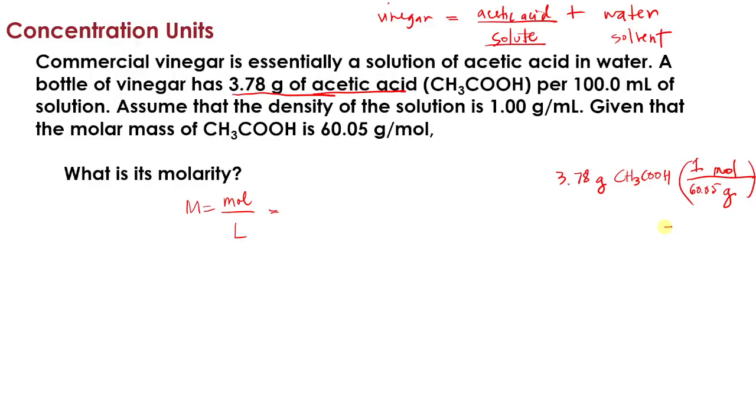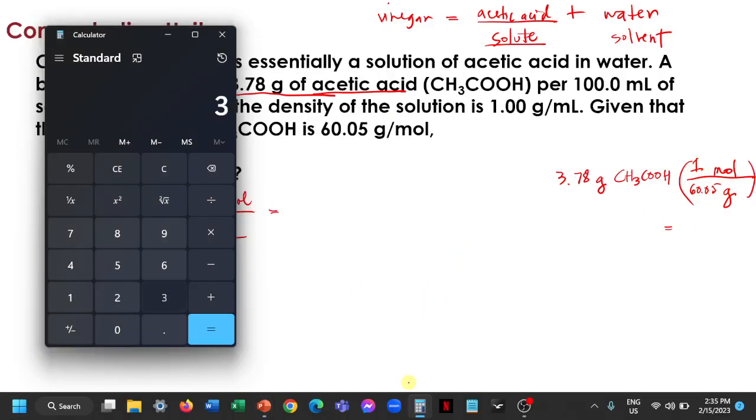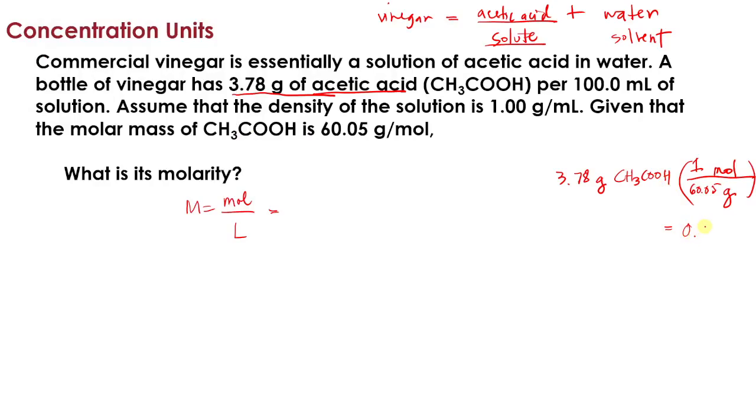Then we can solve this one: 3.78 times 1 divided by 60.05. 3.78 divided by 60.05 is 0.0629 moles.